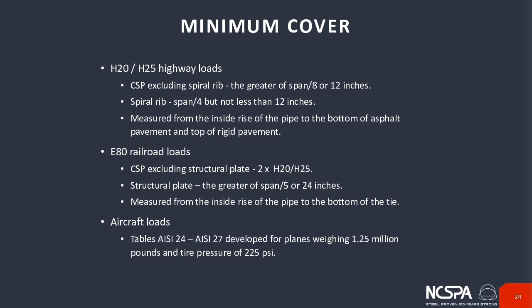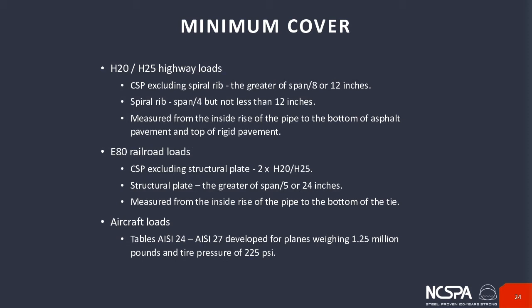And minimum cover is always measured from the inside rise of the pipe to the bottom of an asphalt pavement or to the top of a rigid pavement. So that's how minimum cover is evaluated. And again, for E80 loads, there's a different minimum height of cover limit required.